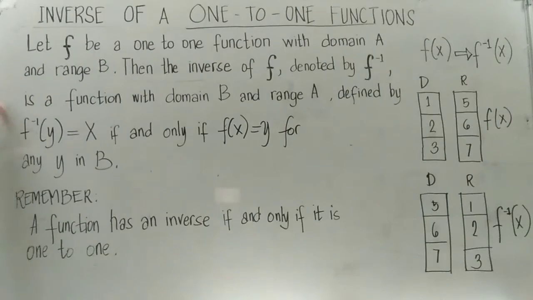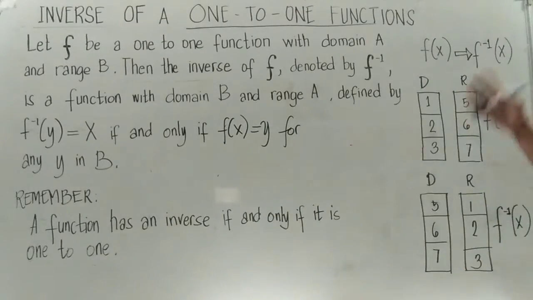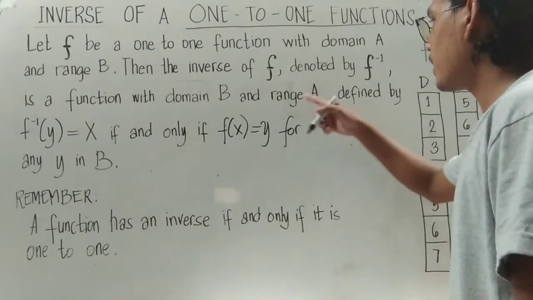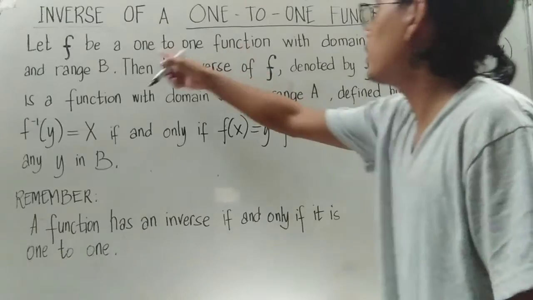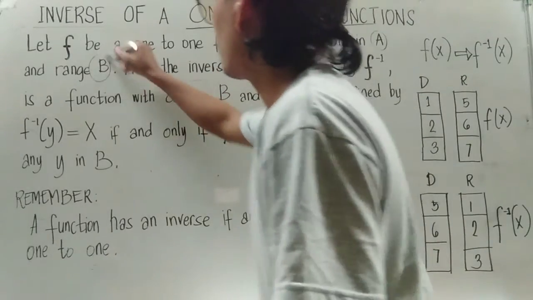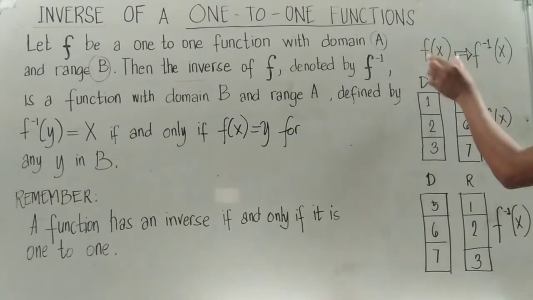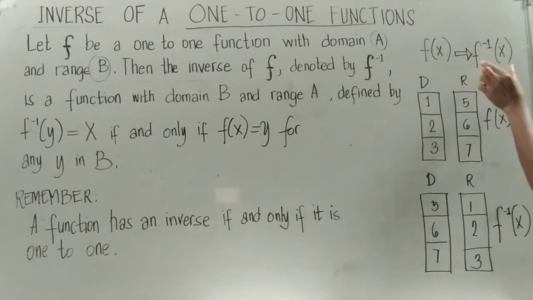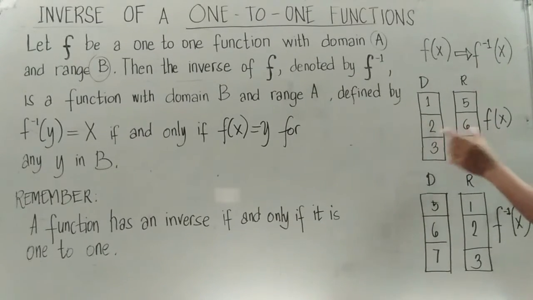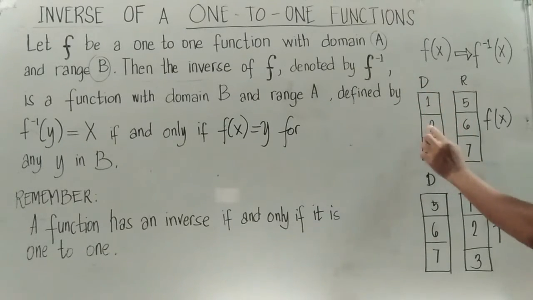To explain its definition, let us go in here. We have some illustration here: a function with domain A and range B, and its inverse with domain B and range A. For example, the domain of your f of x is 1, 2, and 3.